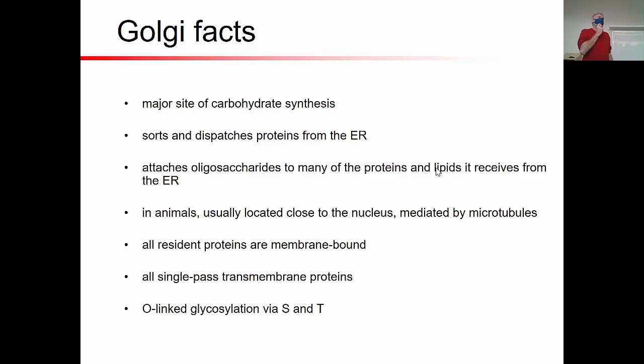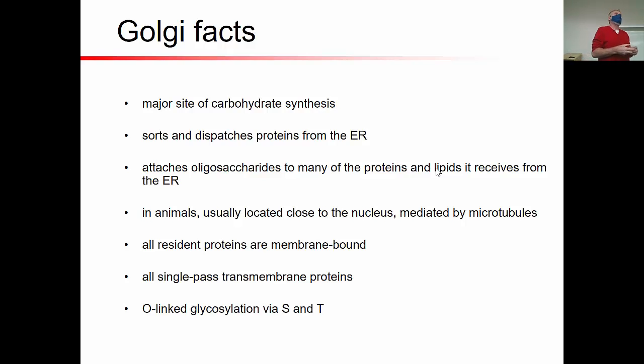One of the things that happens is that we can get linking to the hydroxyl group, the OH, on a serine or a threonine, and that forms an O-linked glycosyl group. O-linked sugars are only added in the Golgi, N-linked only in the ER. And this is a smaller proportion. It's something like 10% of the overall glycosylation is O-linked and 90% is N-linked.